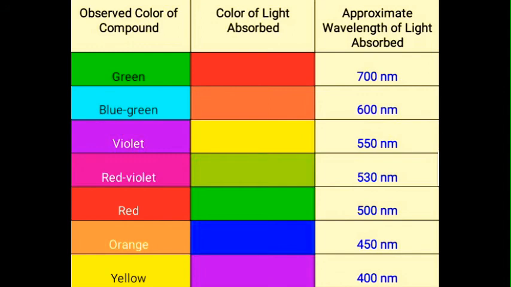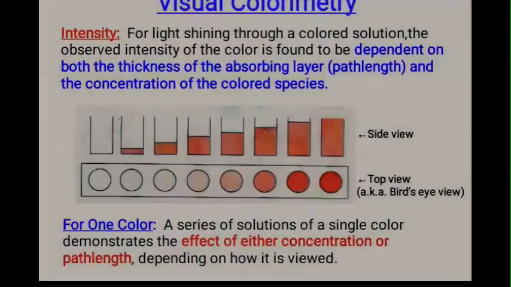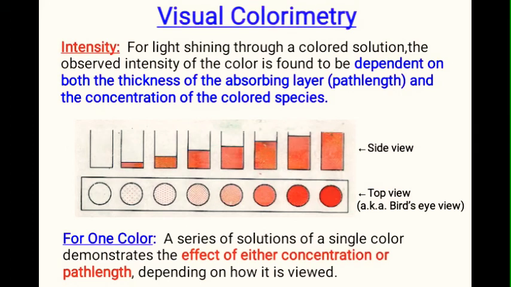So, visual colorimetry. For the intensity of light shining through a colored solution, the observed intensity of the color is found to depend on both the thickness of the absorbing layer, that is the path length, and the concentration of the colored compound.